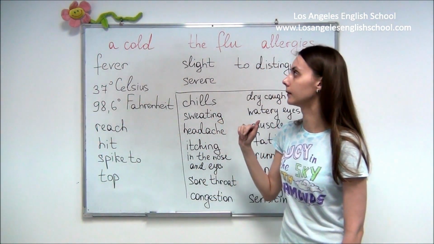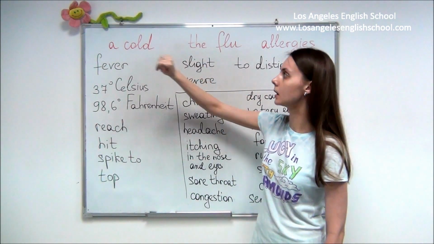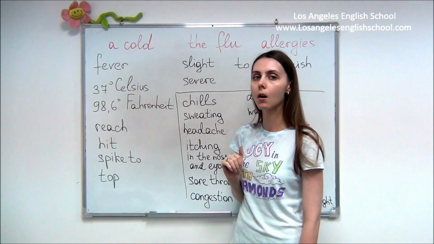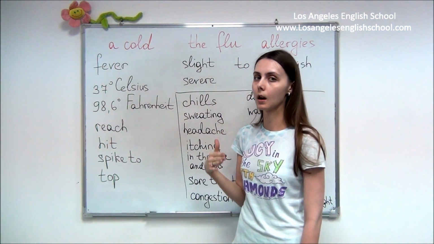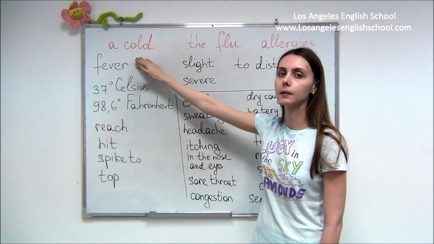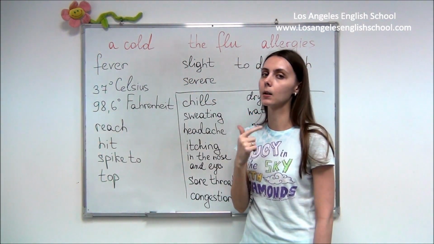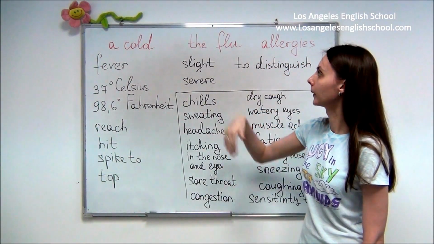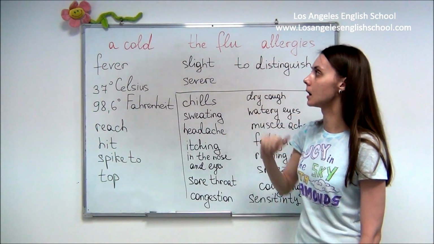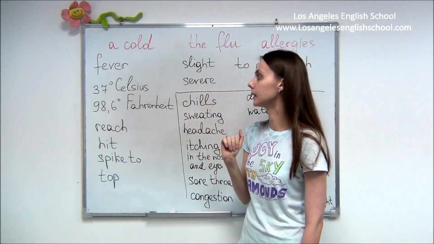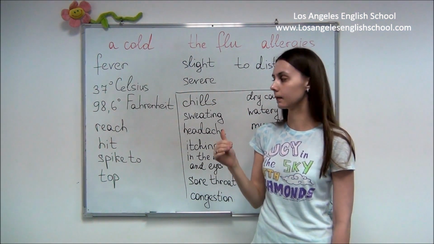If you have a cold, your fever will probably not top more than 100 degrees Fahrenheit. A cold usually starts with a tickle in the back of your throat, and it comes on slowly. The flu comes on much faster than a cold, and you have a very high fever.